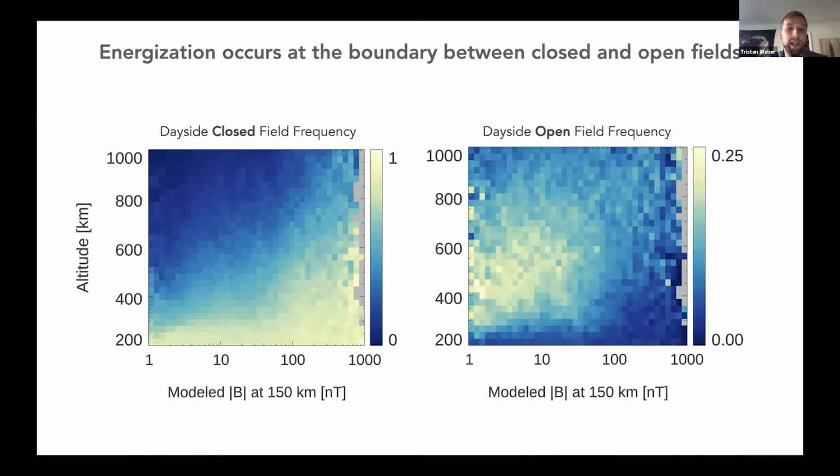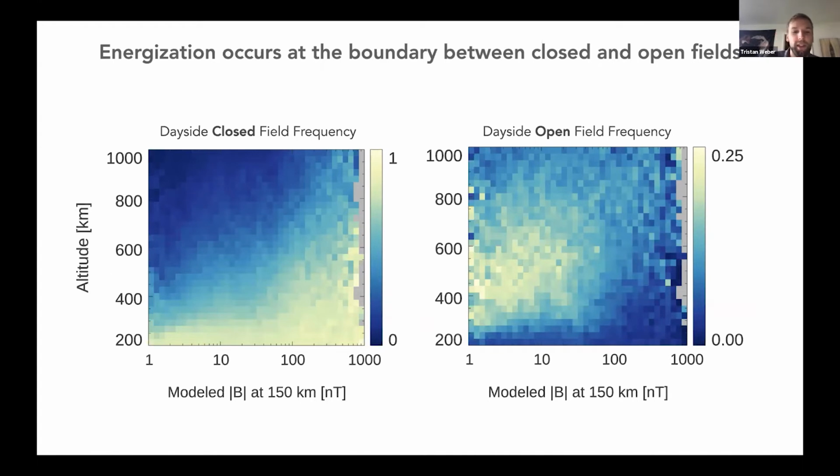So these are plots of measured, inferred magnetic topology on the same set of axes from the previous slide. Once again, the x-axis is the crustal field magnitude, the y-axis is altitude, and in the left plot, I'm showing how frequently we see closed magnetic fields, and on the right plot, how frequently we see open magnetic fields.